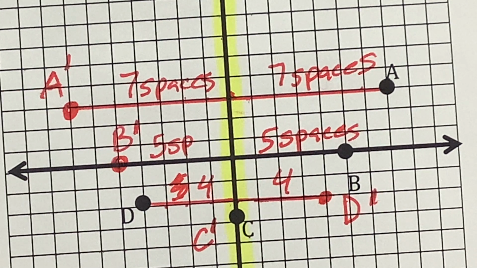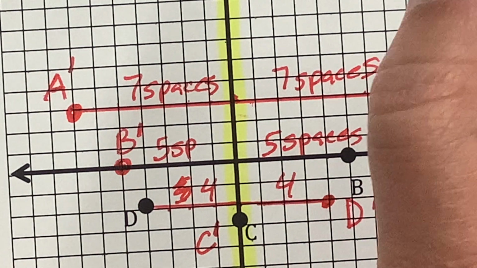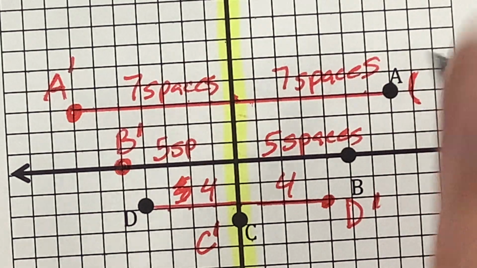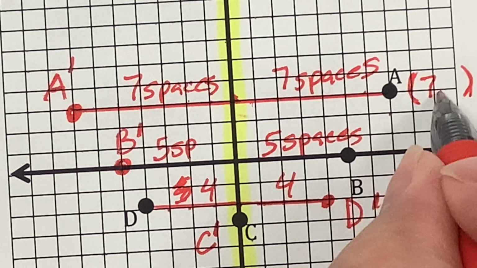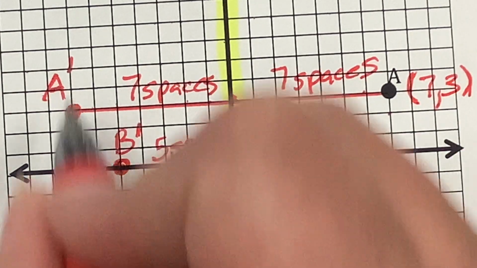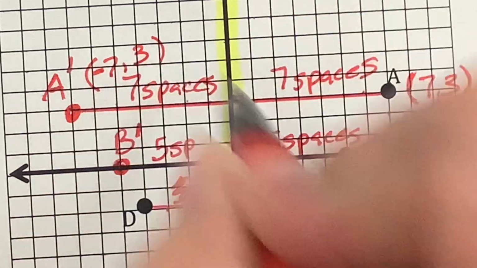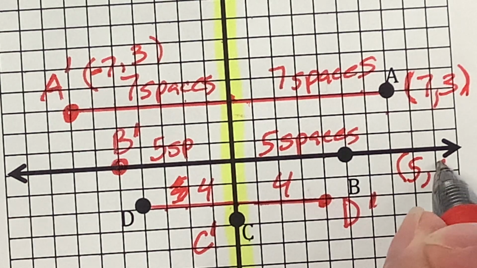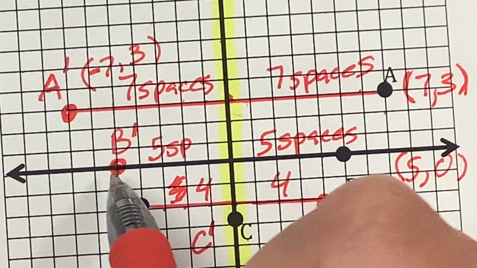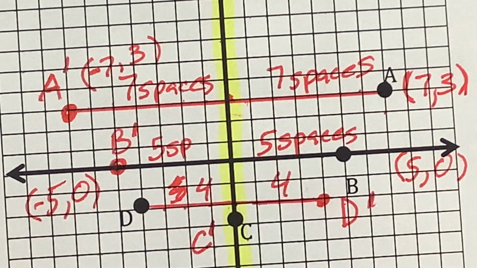All right, let's write down where the points are. So this one is at 7, 3. And this point, A prime, is at negative 7, 3. B is at 5, 0, because it's on the x-axis, and B prime is at negative 5, 0.